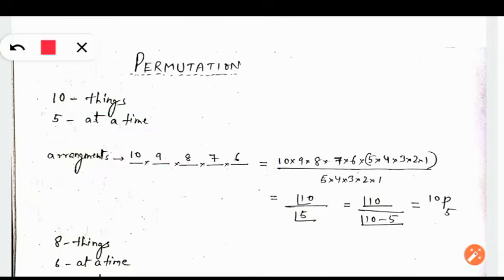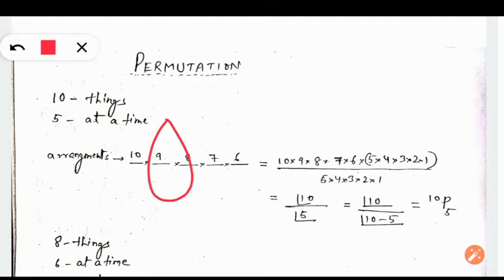Since we have 10 things, now tell me in how many ways the first place can be filled. 10 things are there, so the first place can be filled by any of the 10 things in 10 ways, right? Now for the second place, in how many ways can it be filled by the remaining things?